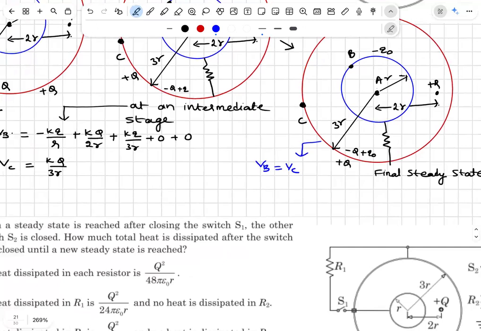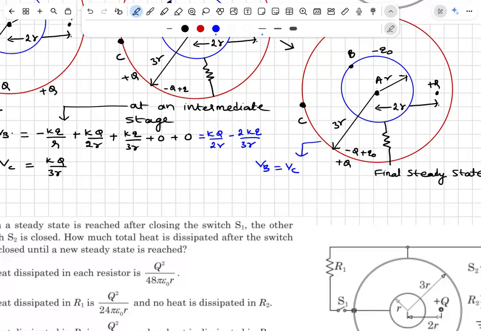Which means by equating these terms, by the way, what is this? KQ by 2R minus 2KQ by 3R. Right.